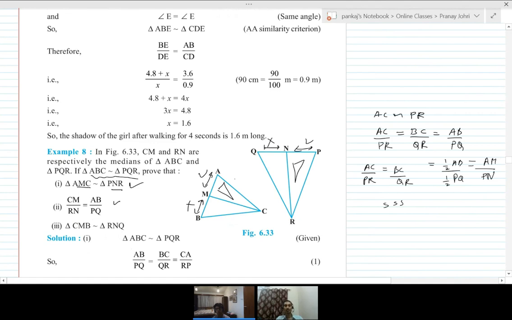So CM will be similar to RN, or corresponding to RN.